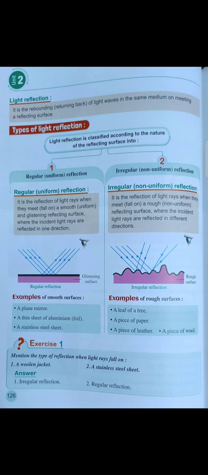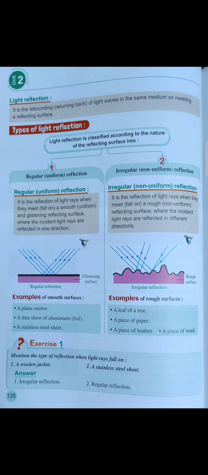Okay, as if the light ray falls on a plain mirror or a stainless steel sheet or any thin sheet of aluminium or foil paper. Okay, this surface is regular. So as you see in the picture, the light ray will be reflected in only one direction.